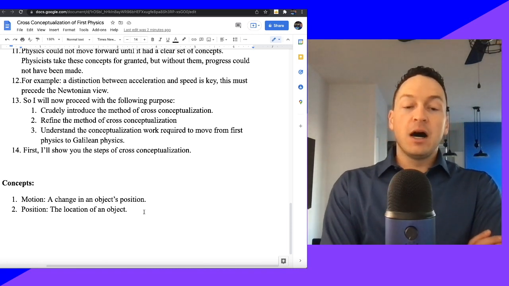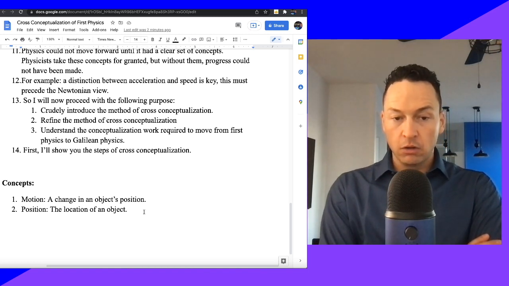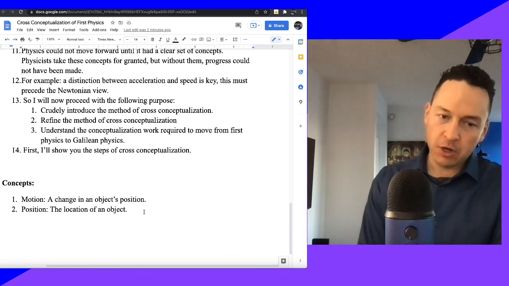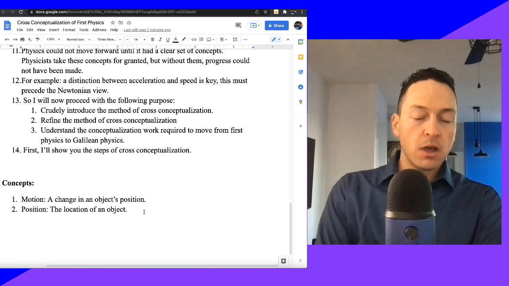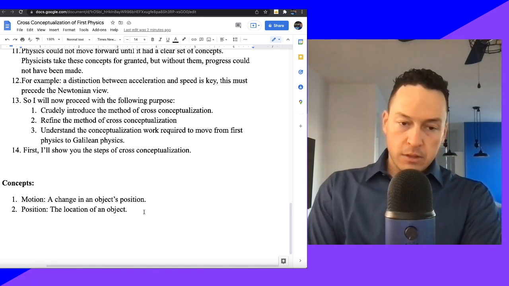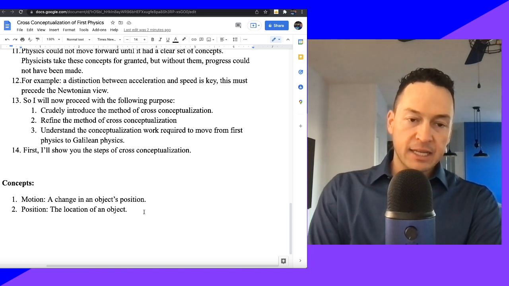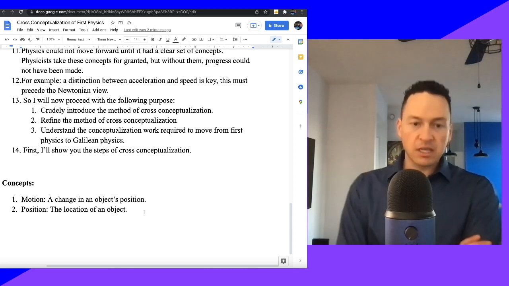Now it turns out historically Aristotle had already worked this out, and I don't know how Aristotle did it, but I'm going to assume that Galileo was able to reason to the same set of ideas.